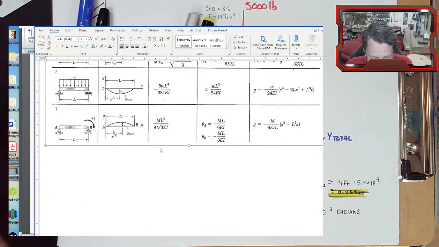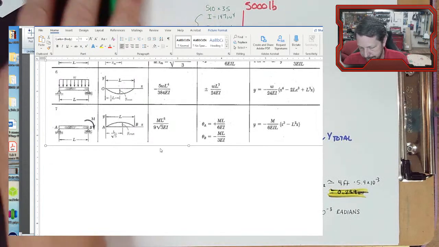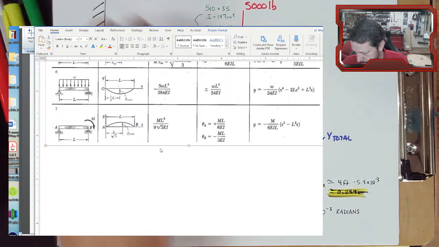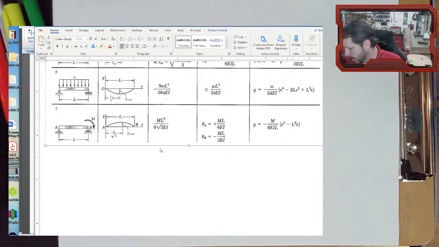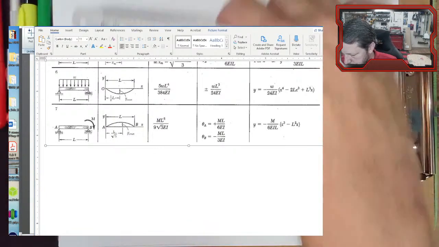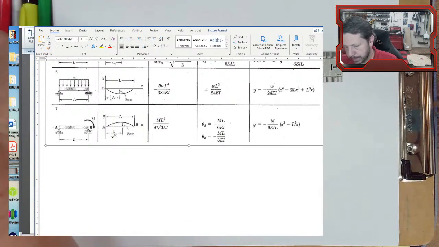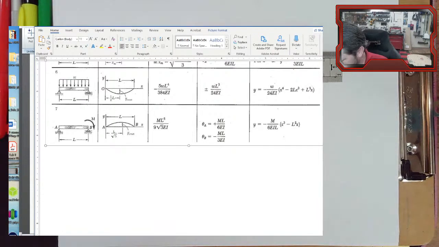Let's do a couple of other examples that combine things together but are harder to just figure out. One of them actually would include a concentrated moment. Well, it would eventually include that. It's going to start with a distributed load.